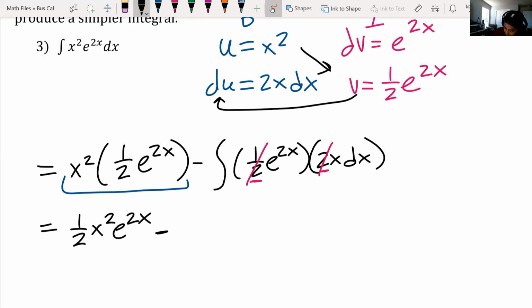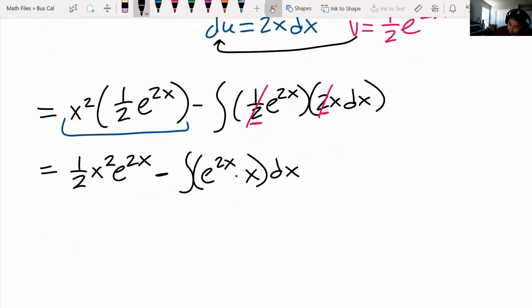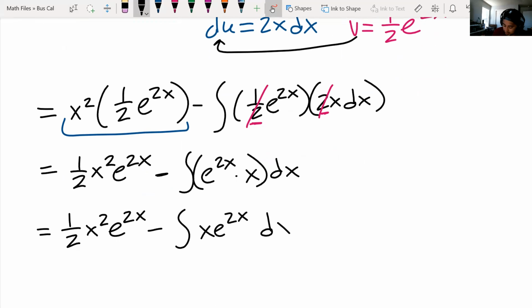And what we're left with is the integral of e to the 2x times x dx. Where, if you want me to rewrite it as x squared e to the 2x minus the integral of x e to the 2x dx. There you go. I just rewrote it so the x was in front.